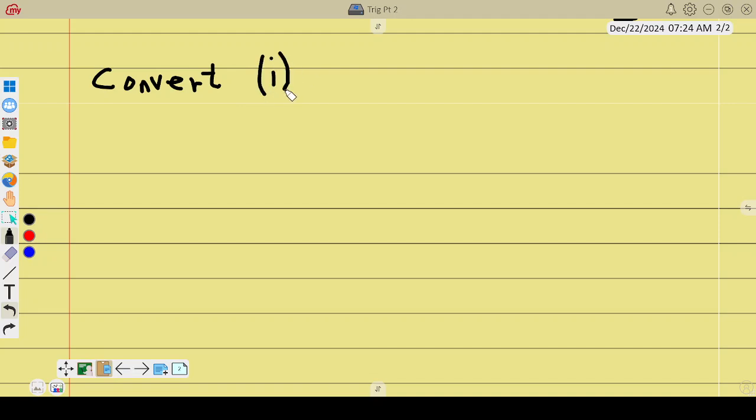I want you to change the following into degrees. If you have 2 pi over 3, what is this equal to in degrees? And what if you have 4 pi over 3? Can you convert to degrees? This is why you have to remember the introductory lesson we had.